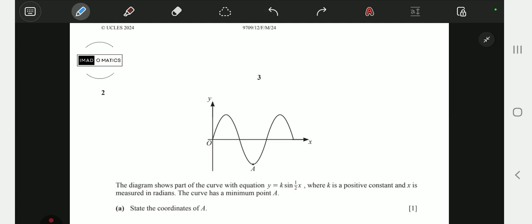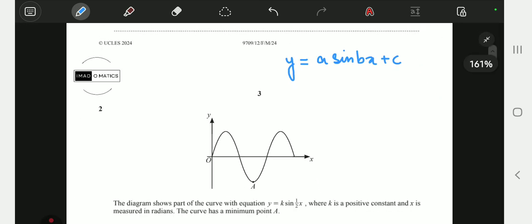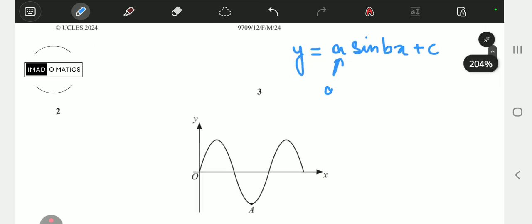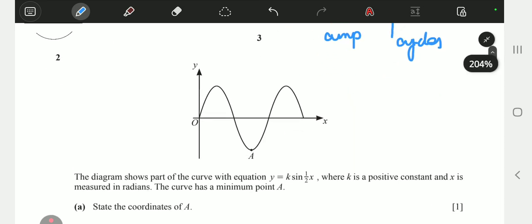As we know, the general form of a sine curve is y equals a sine bx plus c, where a represents the amplitude, and b represents the cycles or the frequency. So k represents your amplitude, which means this is going to be your positive k and this will be your negative k.